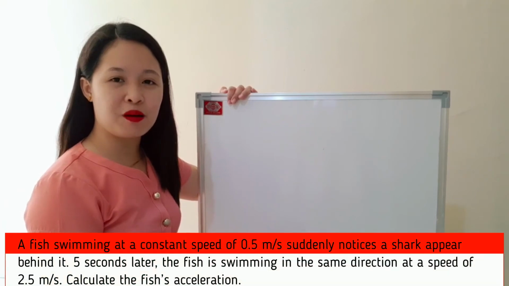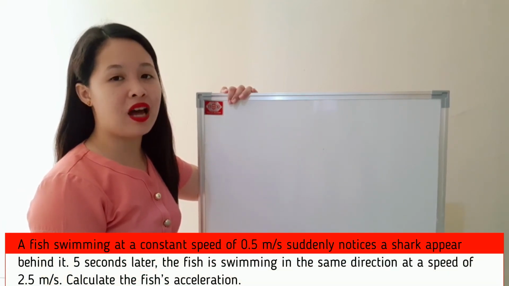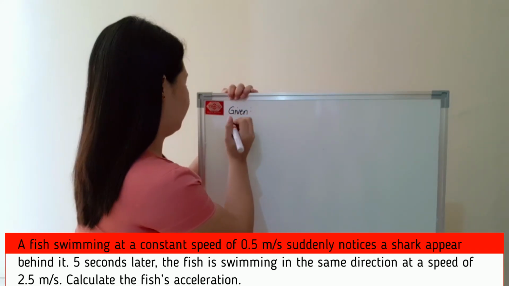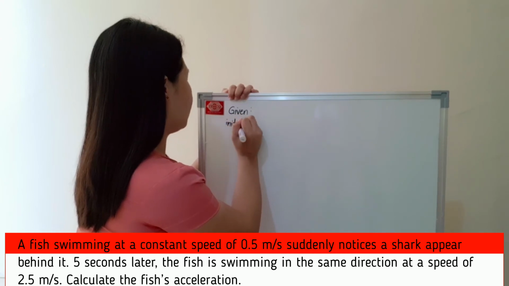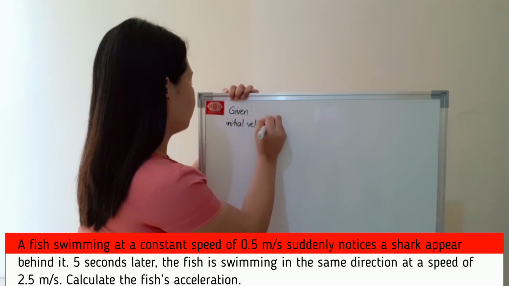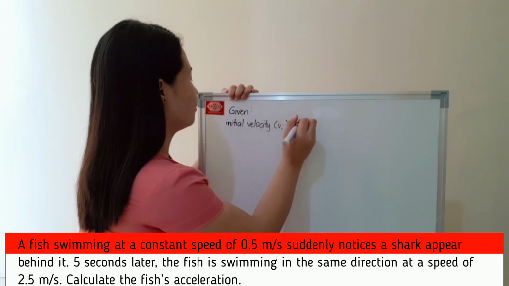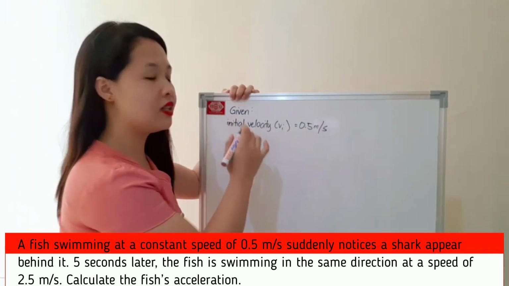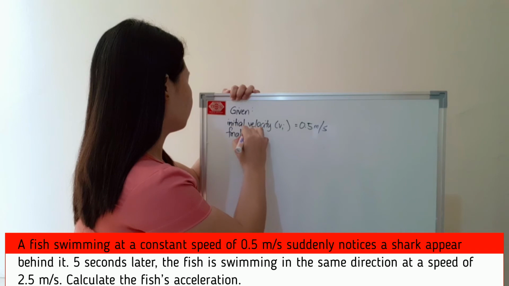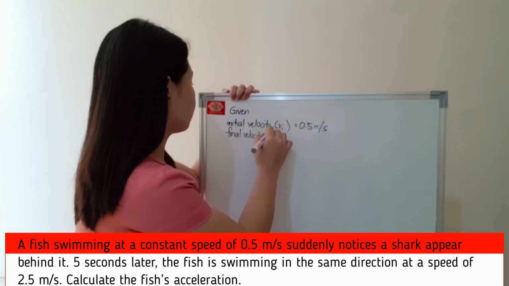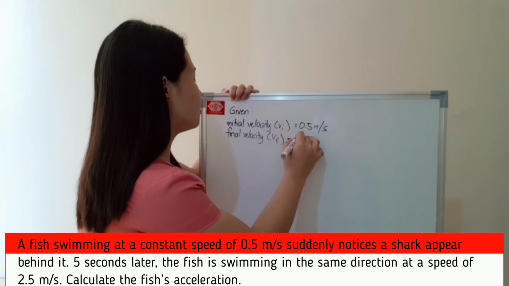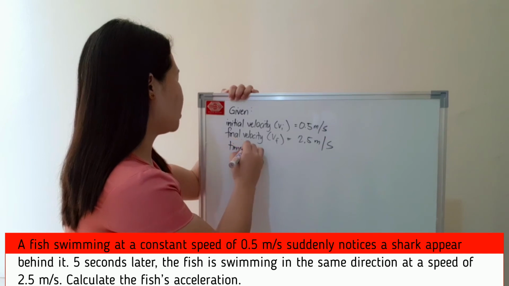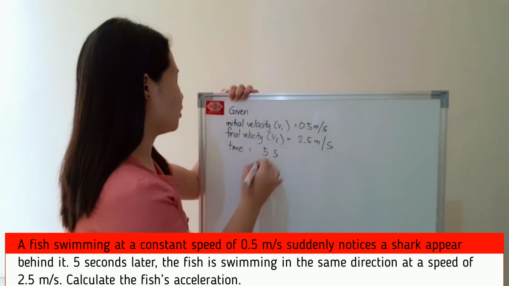Let us answer the sample problem. Again, we need to write the given. We have the initial velocity, which is equal to 0.5 meters per second, and the final velocity, which is equal to 2.5 meters per second, and the value of time, which is 5 seconds.